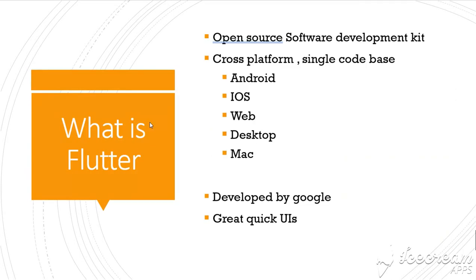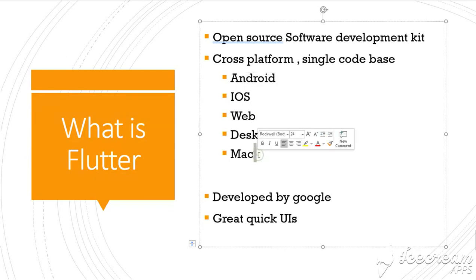What is Flutter? Flutter is an open source software development kit developed by Google. Using the Flutter software development kit, you can design applications for the Android platform, iOS, web, desktop, Mac, so it's cross-platform, and using a single code base you can write applications for all these platforms.